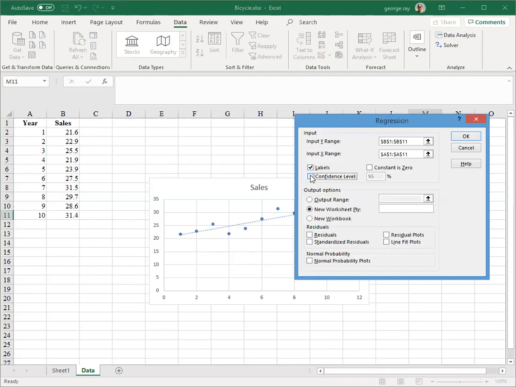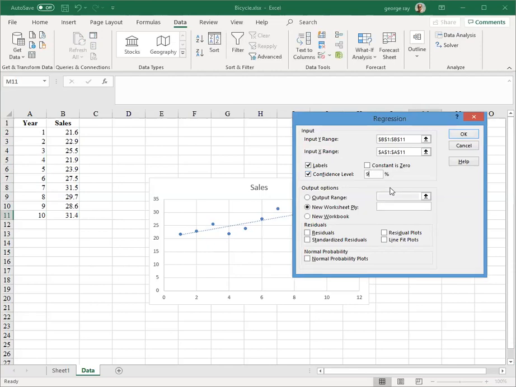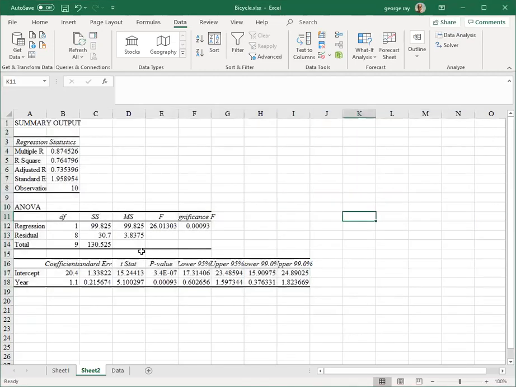We did include the labels. We'll make this 99%. And we see that we get a y-intercept of 20.4 and the slope of the line as 1.1. So from that, we can, of course, determine our equation.